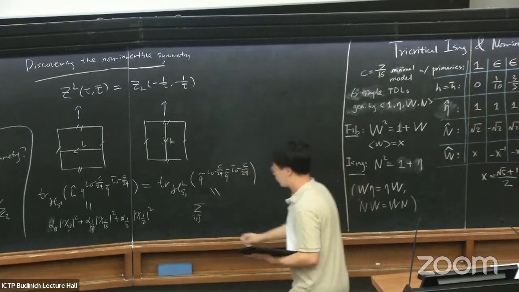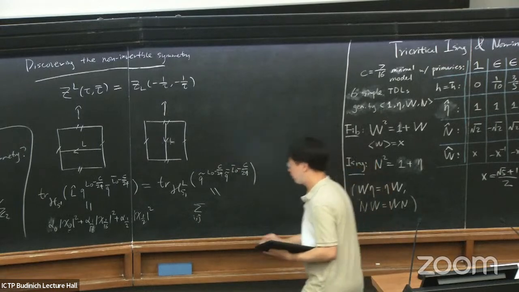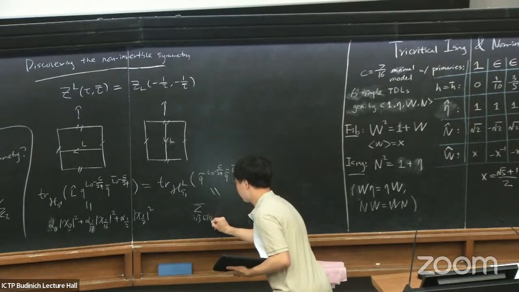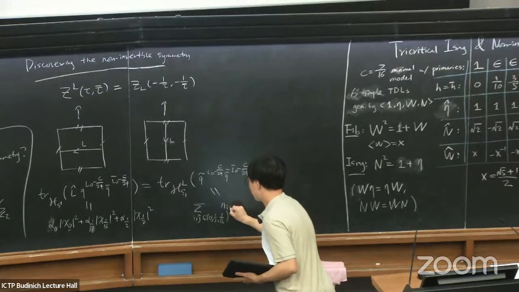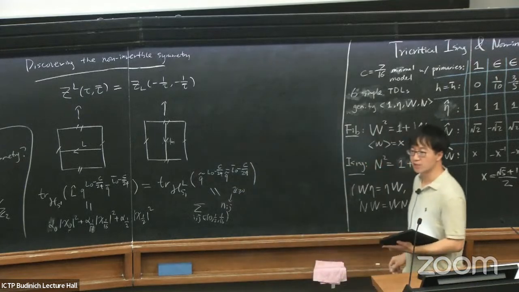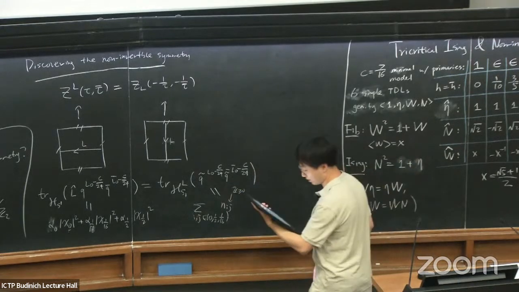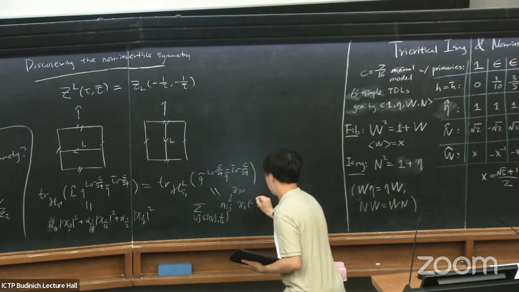So you have a sum over two numbers. Each of these numbers can take values in this set of three possible representations. And the summand involves this coefficient, which is a non-negative integer that counts the degeneracy of the representation in the given twisted Hilbert space. And they're multiplied by these characters.